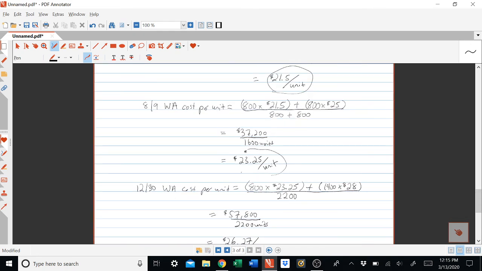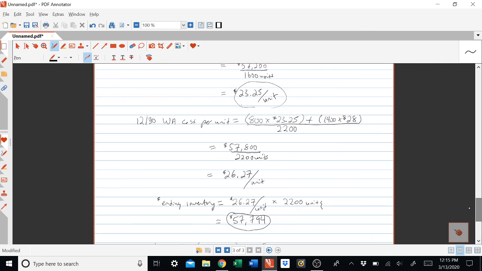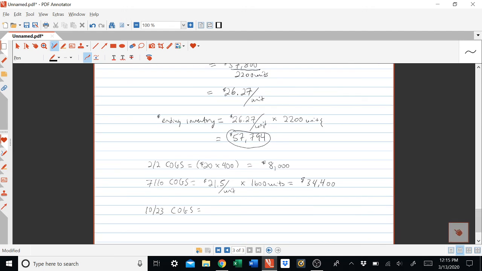So in fact, we never actually use this number in our cost of goods sold calculation. We use it in ending inventory, but not in cost of goods sold. $23.25 per unit times the 800 units that we sold on October 23rd. We assume this is what it costs us to buy each of those units.